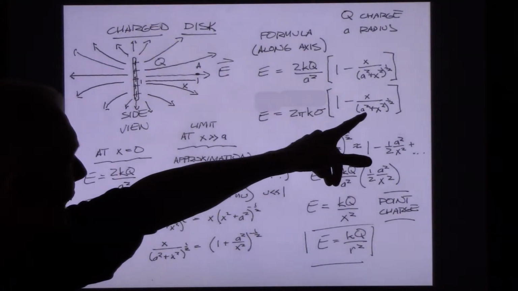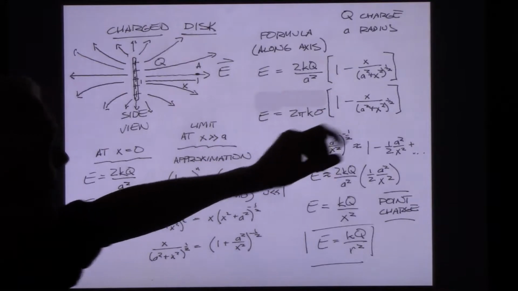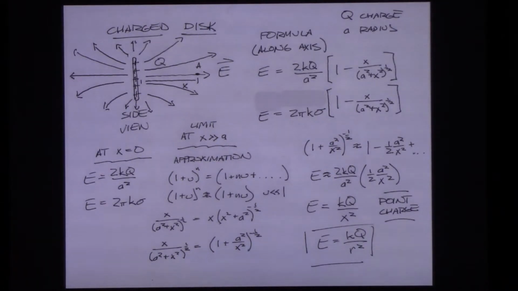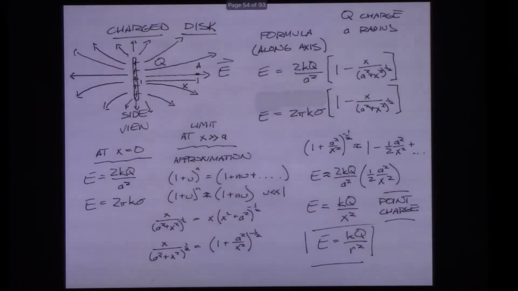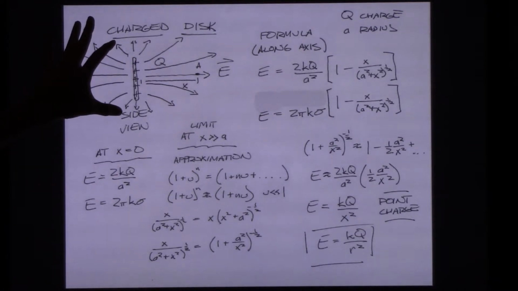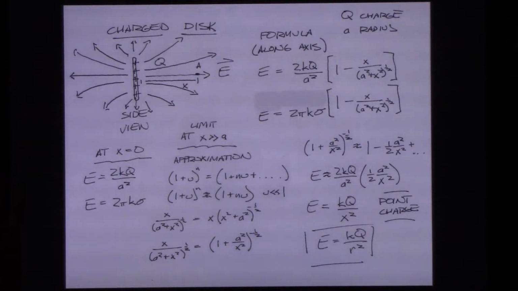When we have an expression like this that's pretty complicated, x over the square root of a squared plus x squared, we can plot that. But it would be nice to know what that looks like for a particular region, again, if we look far, far, far away. What we've been suggesting is that once you get far enough away from any charge distribution, it starts to look like a point charge.